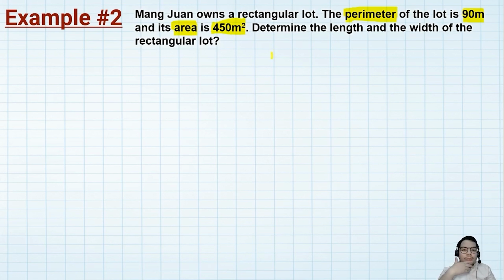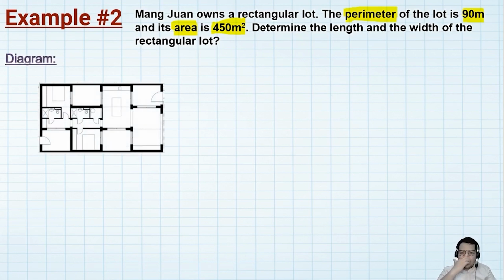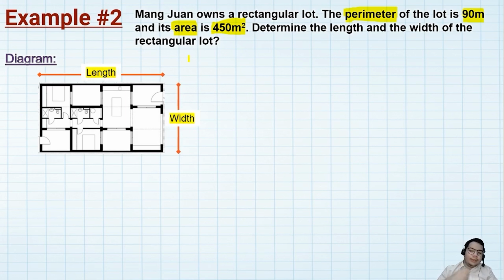So, by understanding the problem, we'll use these two things to solve for the length and the width of this rectangular lot. Una, pwede natin imagine yung given problem by having the length and the width of a rectangular lot. Dito, makita nyo, halos kapares lang siya nung kaninang diagram.